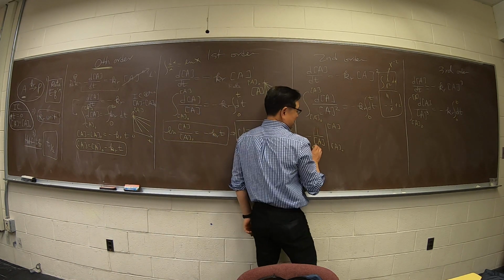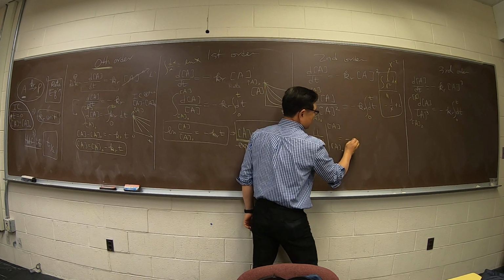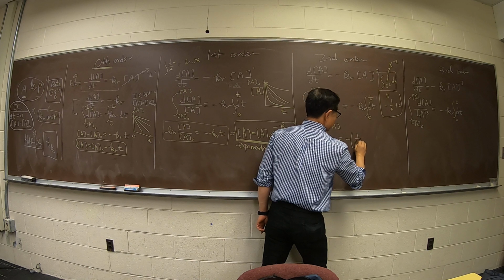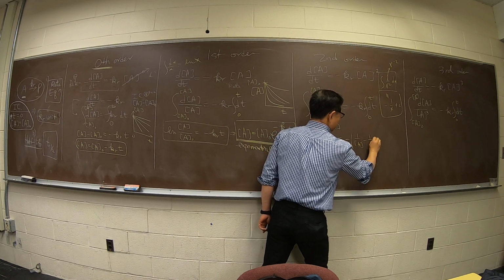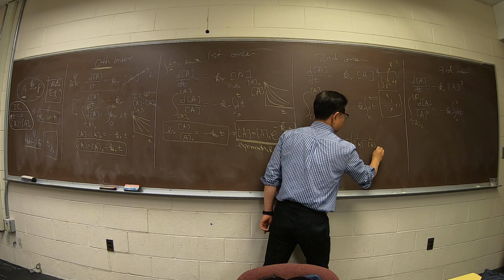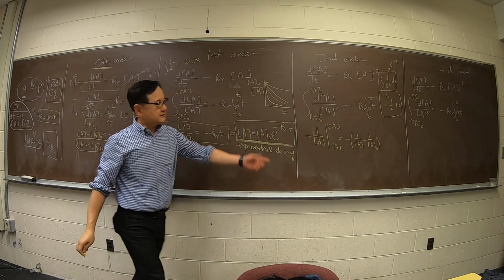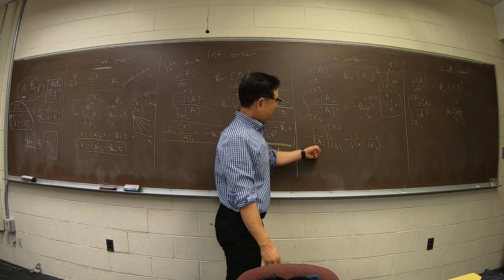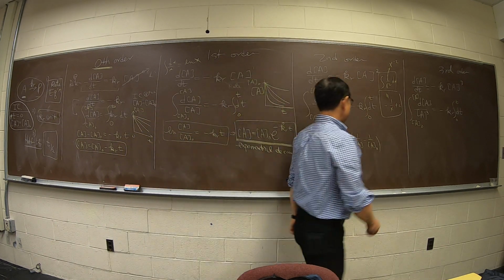Having written that, it's just minus parenthesis 1 over A minus 1 over A naught. That's it, okay? So that's what this means in my notation. I just write it down, and that's the difference, up and down.